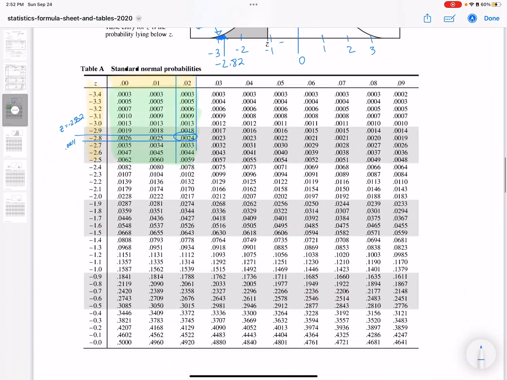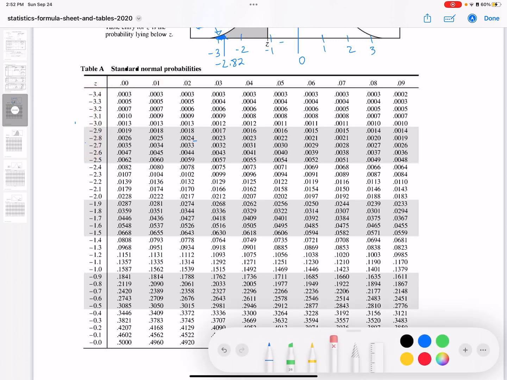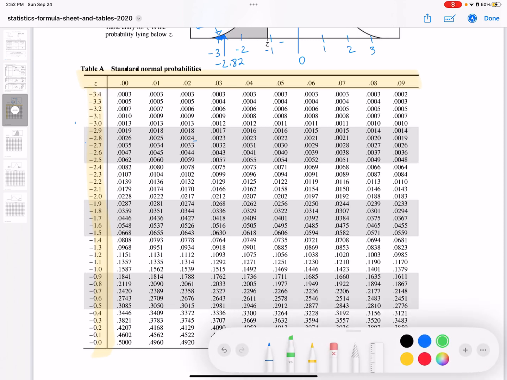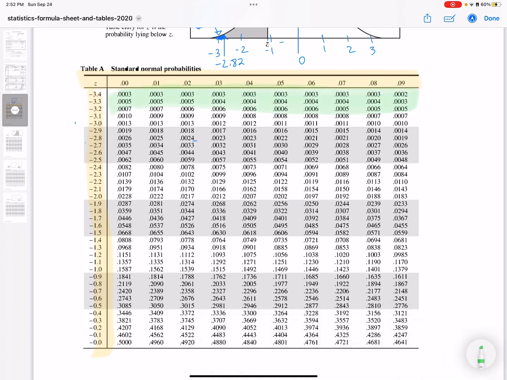Let me remind you that the z-scores are going to be highlighted in yellow right up here, and the corresponding percentages are going to be highlighted in green over here. So the green area are the percentages, and the yellow area are the z-scores.